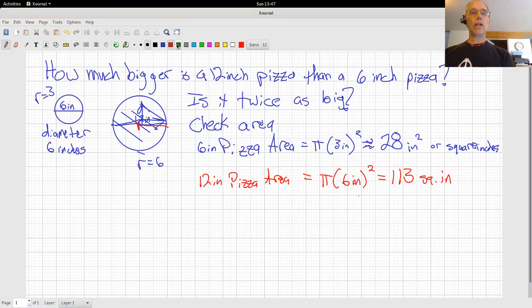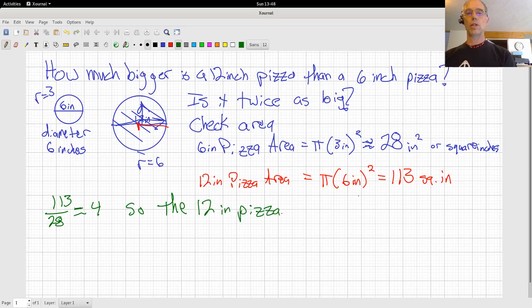So next piece of evidence here, let's write in green, 113 divided by 28 is about 4. So that means the 12-inch pizza is 4 times larger, or 4 times the size of the 6-inch pizza.